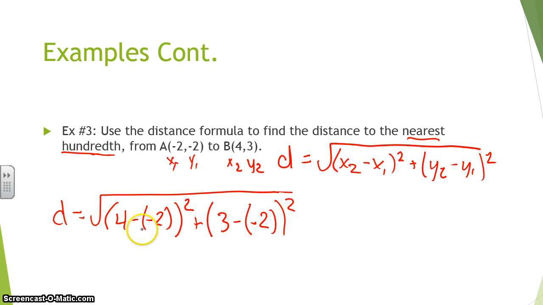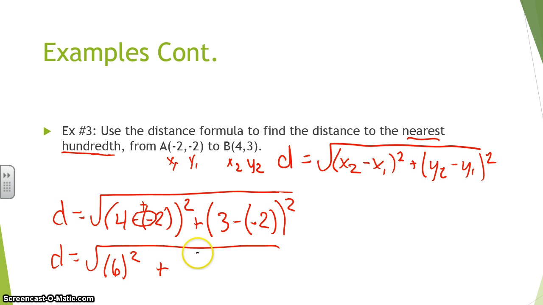Let's first take care of what's in the parentheses here. So we have d equals 4 minus negative 2. Since you have two negatives, they become positive. So 4 plus 2, which is going to give me 6 squared, plus 3 minus negative 2.